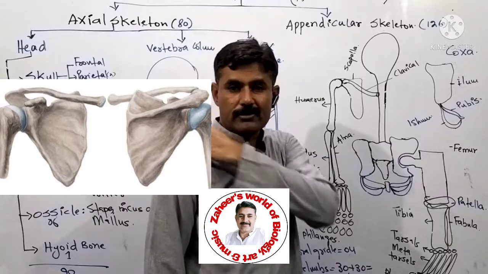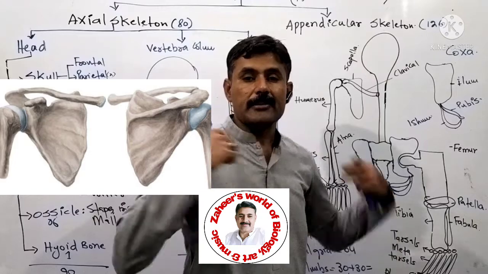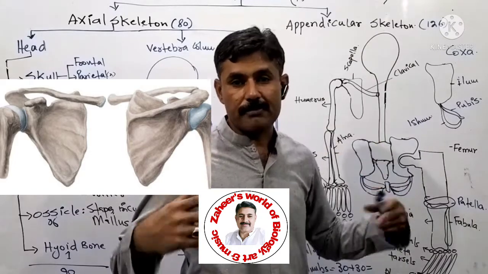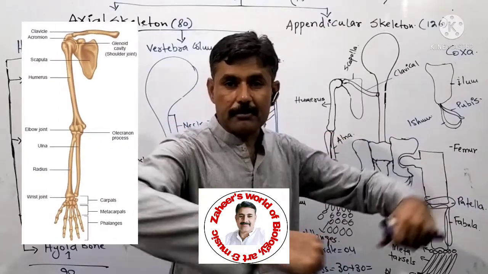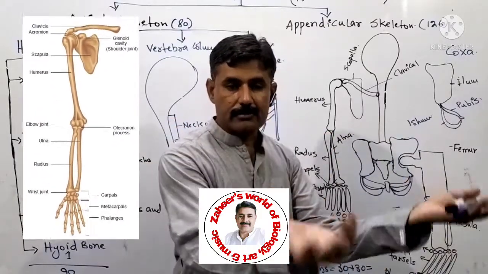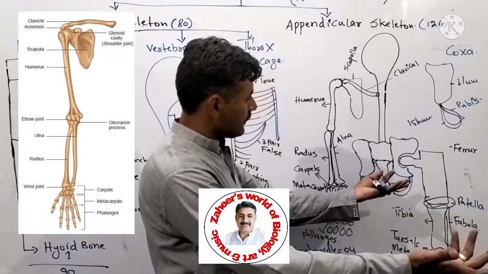Now there are two bones on one side and two bones on the other side. These make a total of 4 bones of the pectoral girdle. And these pectoral girdles give attachment to these moving parts of the skeleton, the appendicular skeleton.